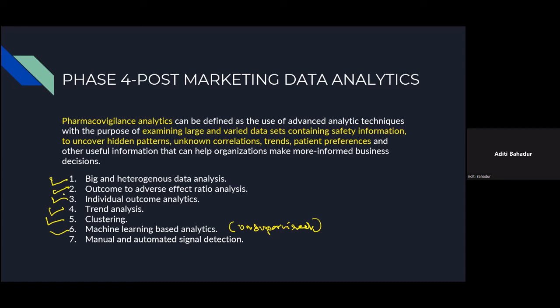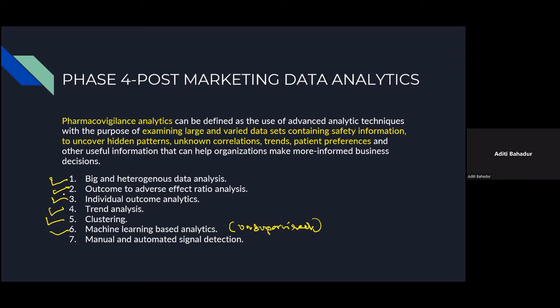Now, trend analysis, as I mentioned, maybe there was a certain adverse effect that was observed in certain populations. This can be done through trend analysis, and trend analysis can also help make local regulatory decisions regarding the drug, as well as help in repurposing the drug.